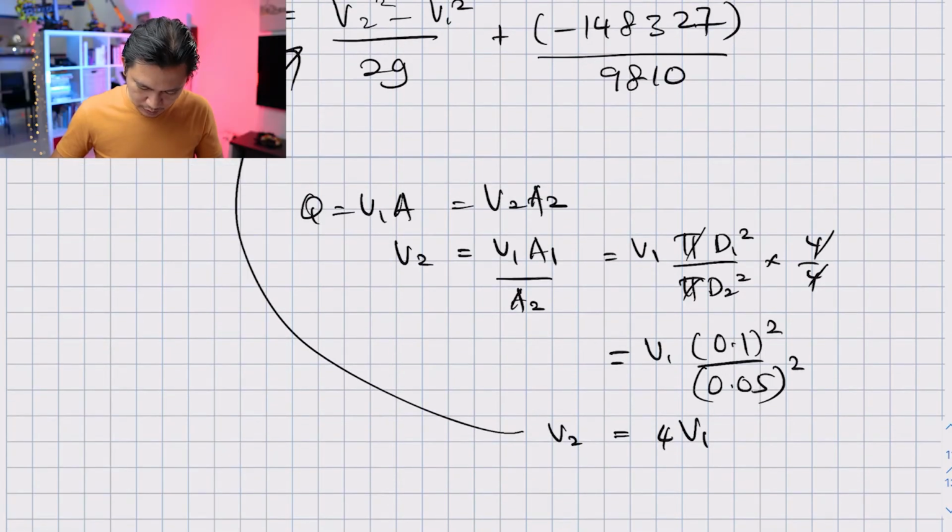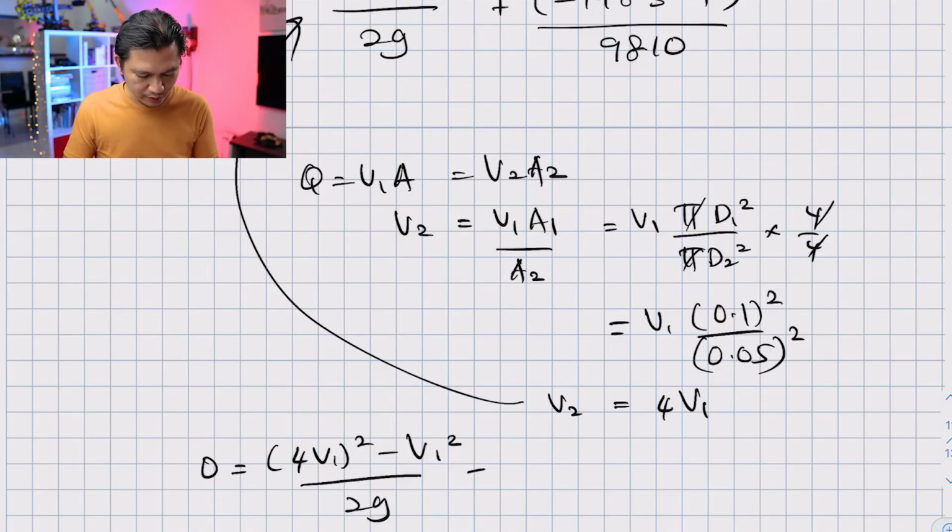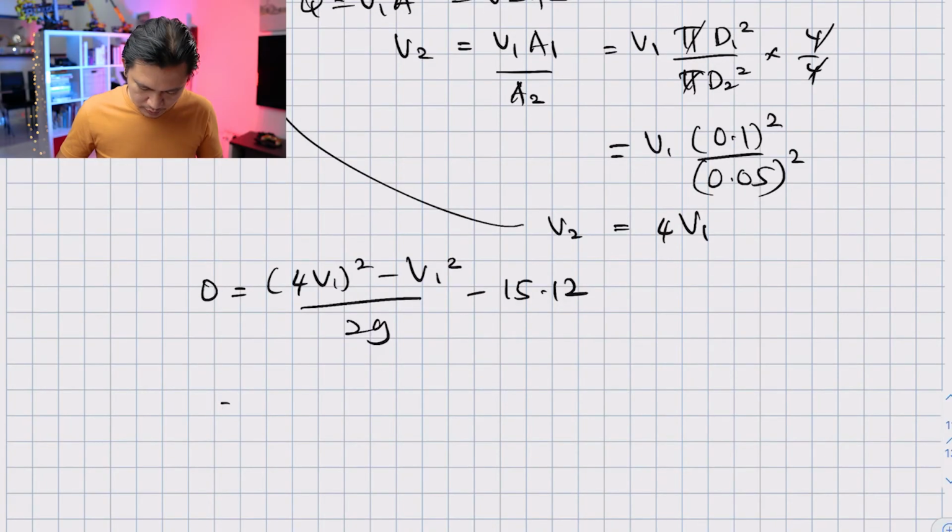let's write that equation again. 0 is equal to 4V1 square minus V1 square over 2g minus, so I'm gonna solve that, 148,327 divided by 9810, 15.12. Looks like we're going to end up with 16 V1 square minus V1 square over 2g minus 15.12.